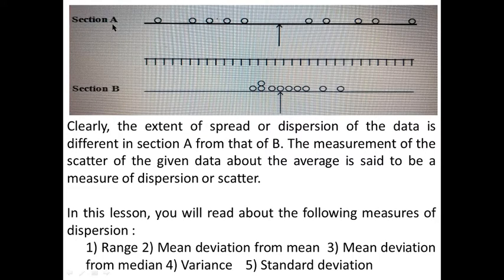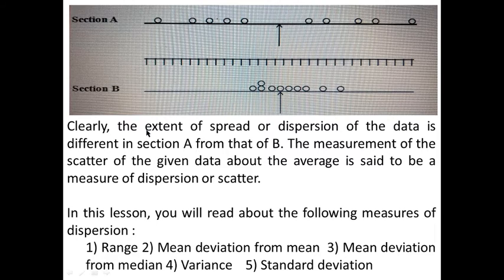Now this is section A, that means school A. The data is scattered from the mean, and in school B, the data is very close to the mean. For both schools, the mean is 19, but school A has scattered data from the mean and school B has very close data.